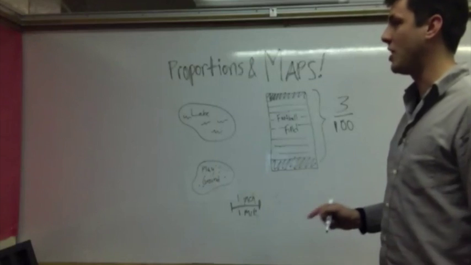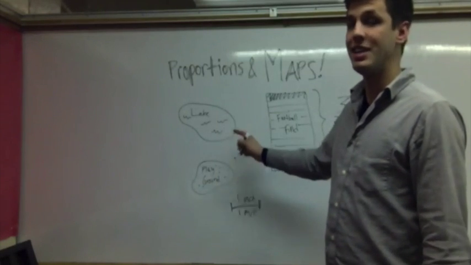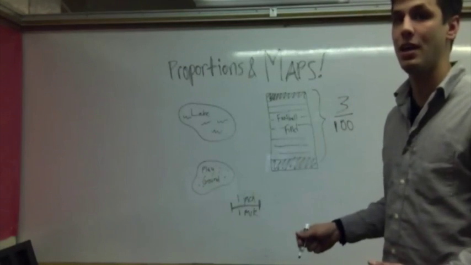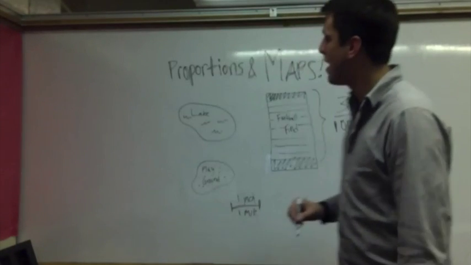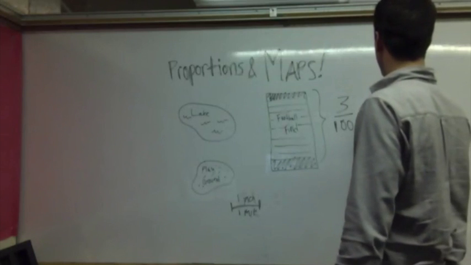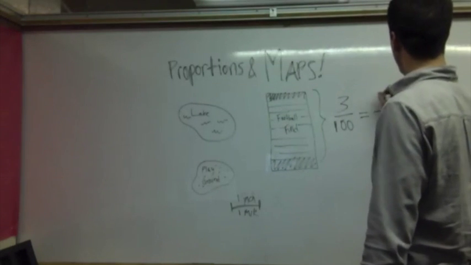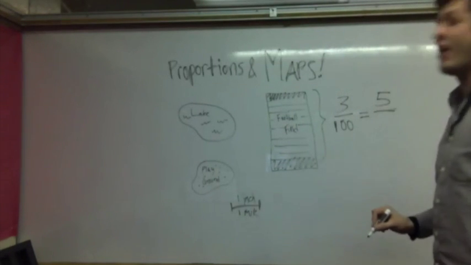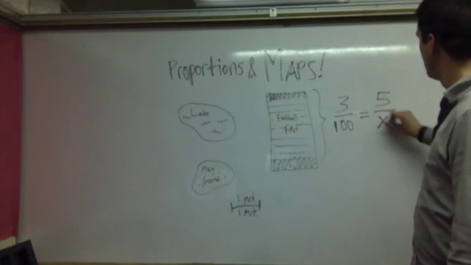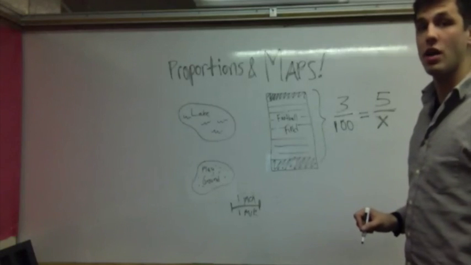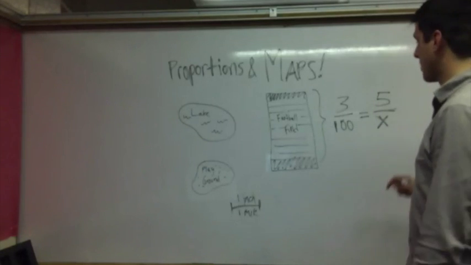And then suppose I wanted to measure this lake. I didn't know the actual size of the lake, but I did know that on the map it measures, let's say, 5 inches across. So if I know it measures 5 inches across, then I can figure out how long it is across in real life.